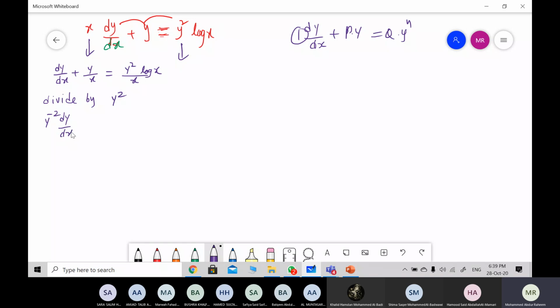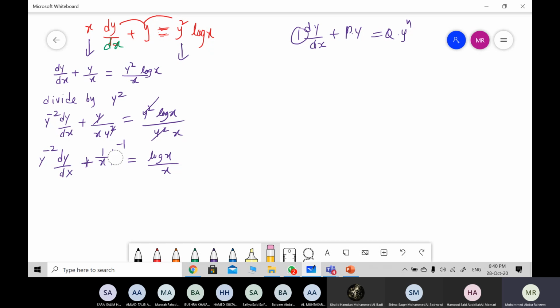This will become dy/dx plus y over x, y power minus 1, equals log x divided by x. This 1 over y, y power minus 1. Now agree? Yes, this is step 1.